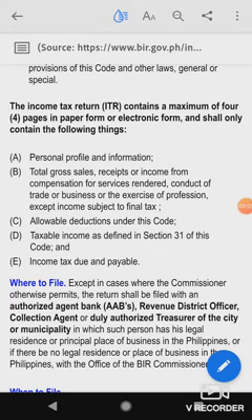B, total gross sales, receipts or income from compensation for services rendered, conduct of trade or business, or the exercise of profession, except income subject to final tax. Letter C, allowable deductions under this code. Letter D, taxable income as defined in Section 31 of this code. And E, income tax due and payable.